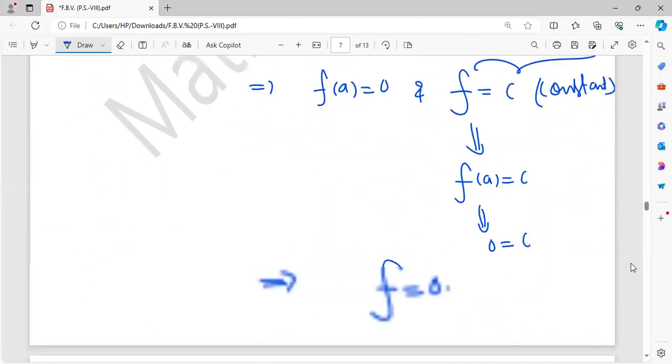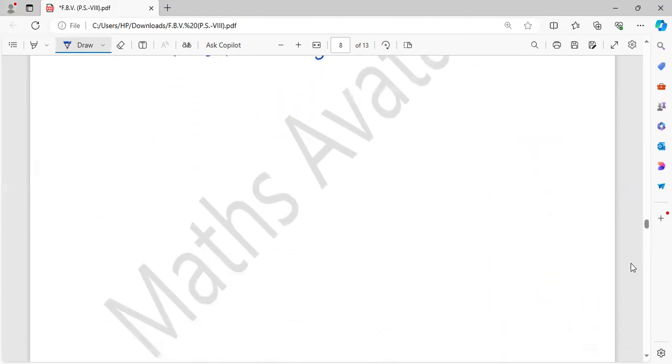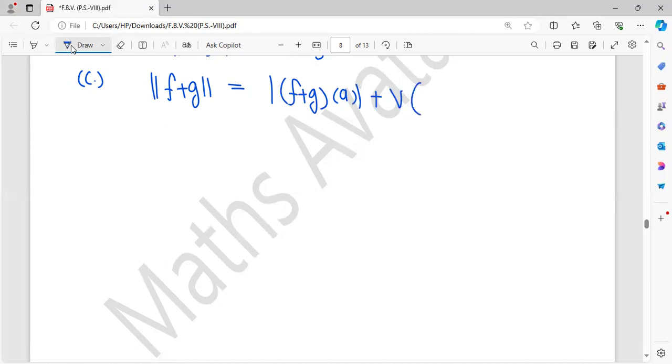Now check option number C. What is the norm of F plus G? This is the absolute value of (F plus G)(a) plus the variation of F plus G on [a, b].